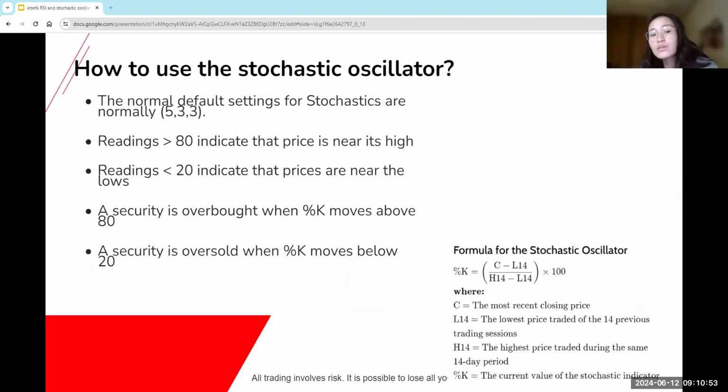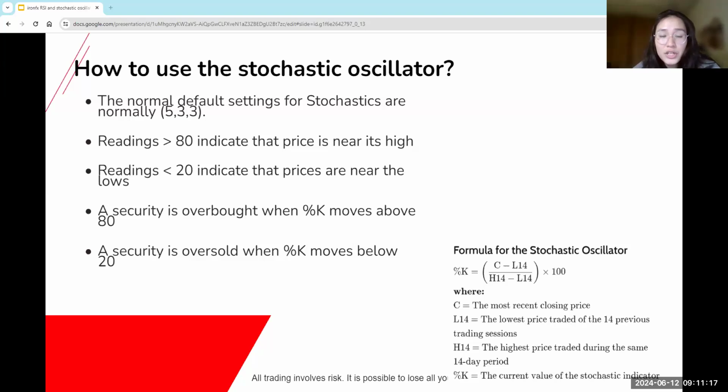So how do you use it exactly? We will use the settings 5, 3, 3. Readings that are greater than 80 indicate that price is near its high. Readings that are below 20 indicate that prices are near the lows.